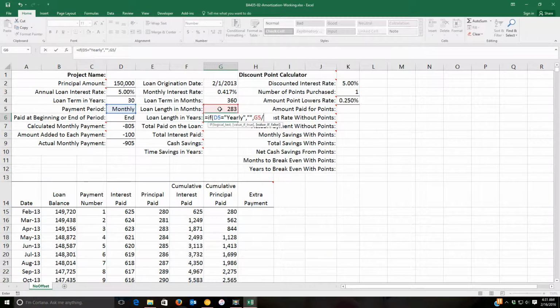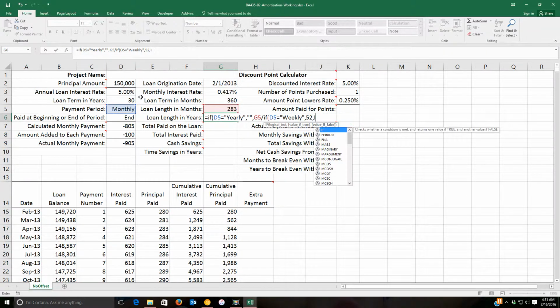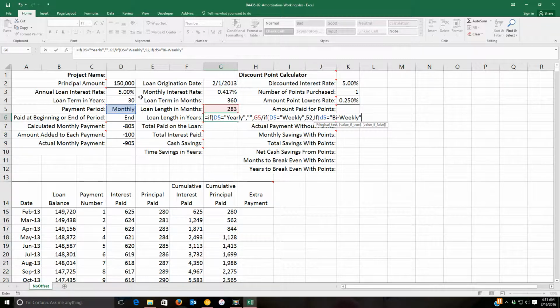So I'm going to put it over, and then my if statement, if, take a look at D5, equals weekly. Let's just go through our list. Then it's going to be over 52 weeks. Otherwise, if D5 equals biweekly, then it's going to be over 26.